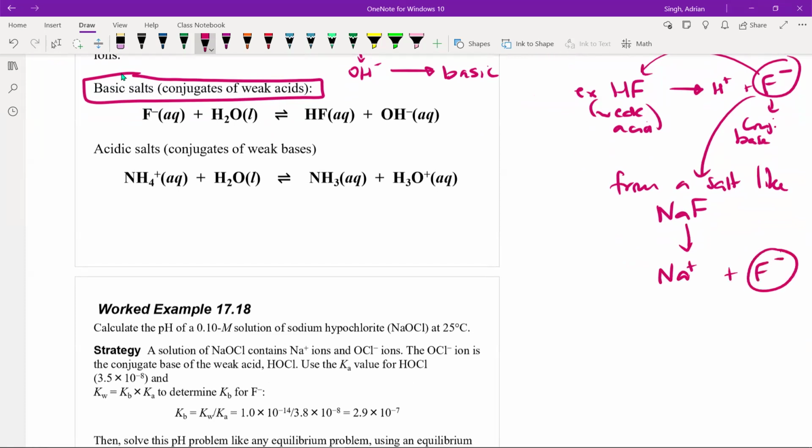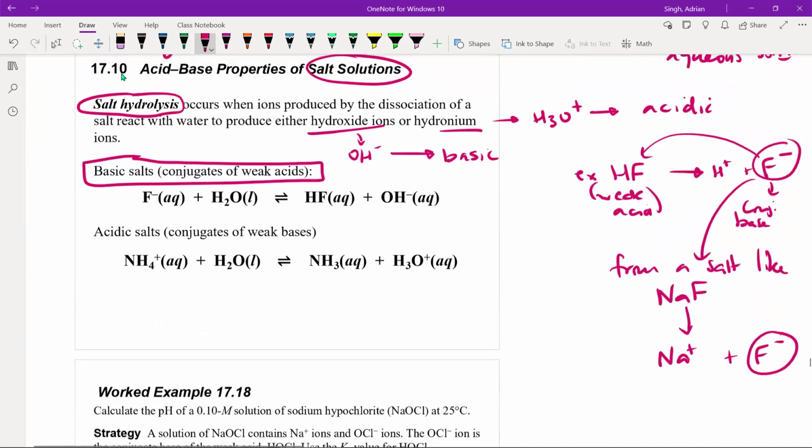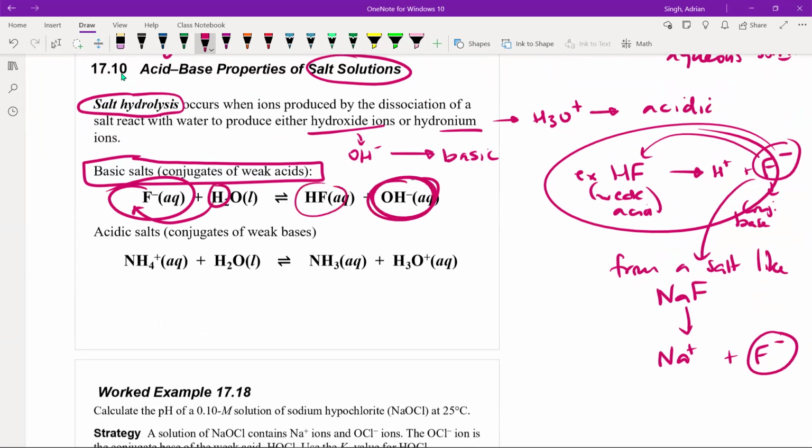So this F minus, the fluoride, would come from a salt, and it's the conjugate base of a weak acid. It will react in aqueous solution. It will grab a hold of a proton from the H2O to form HF, and then we get a bunch of hydroxide.